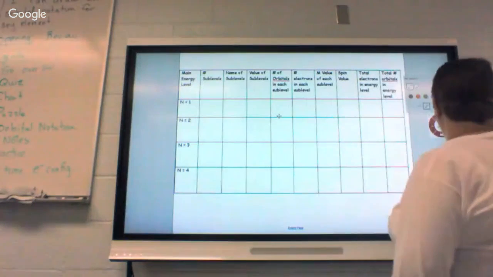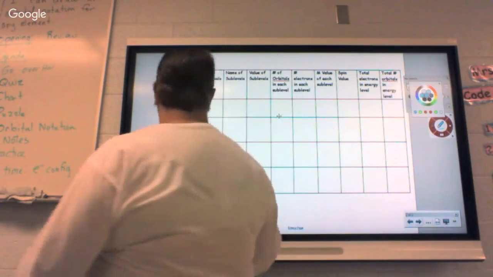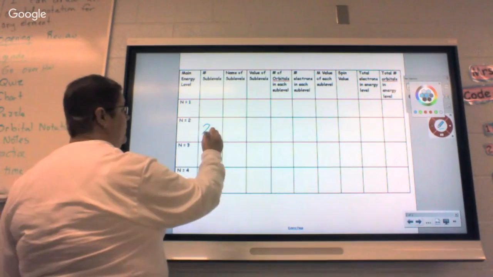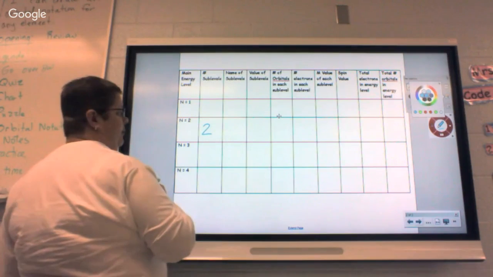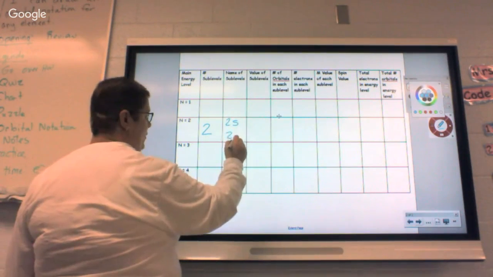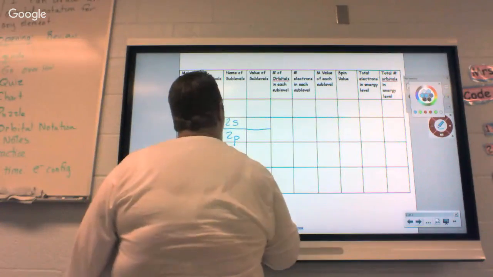All right. So, if we look at n equals 2, how many sublevels would it have? Okay. Now, what are the names of those sublevels? All right, so 2s and 2p. Now, let's divide this up a little bit here.